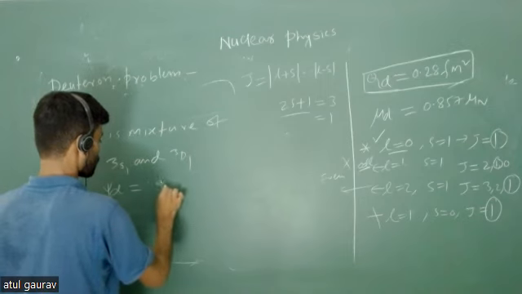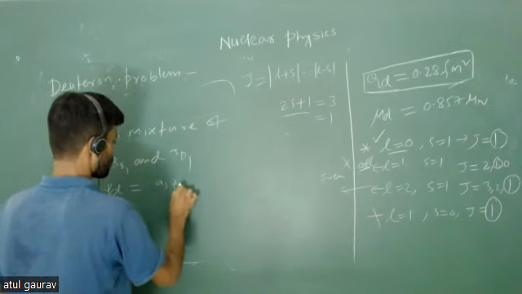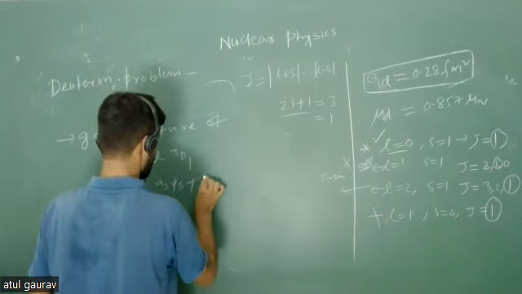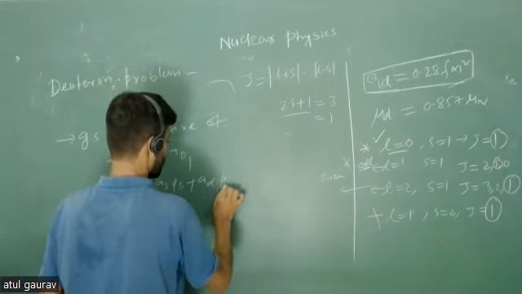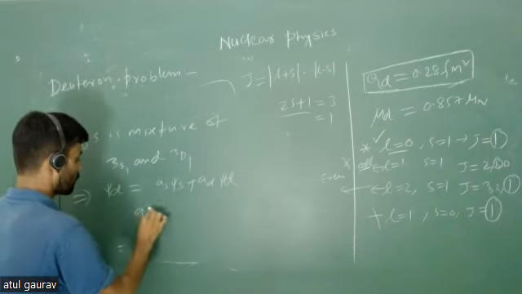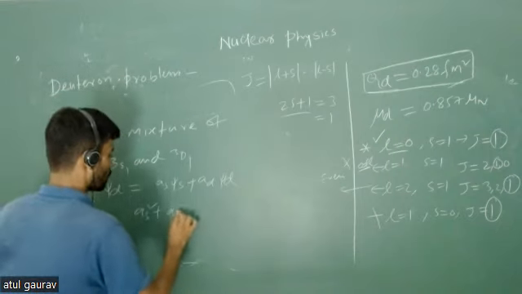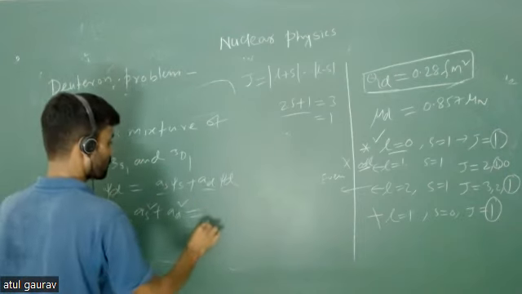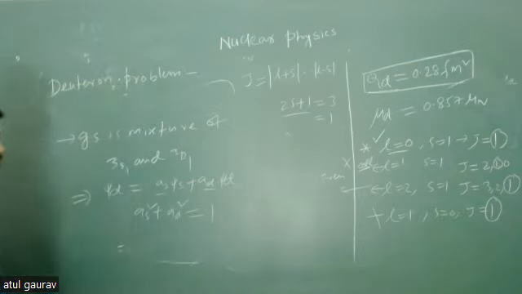As a_s psi_s, this is for S orbital, and a_d psi_d. And of course a_s squared plus a_d squared, when they have calculated it, this should be how much? 1. So how can you say that these two states are a mixture of ground state only?